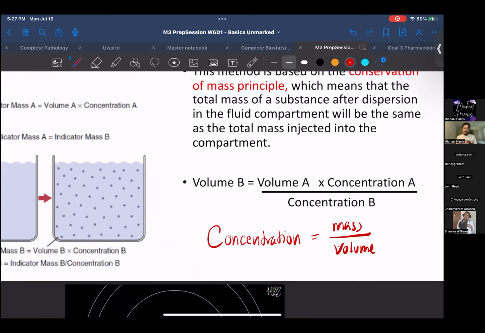So if you want to find out the mass of whatever you gave an injection of, you essentially just multiply the concentration by the volume of whatever your vial is to get the mass. Does that make sense? Okay, good.